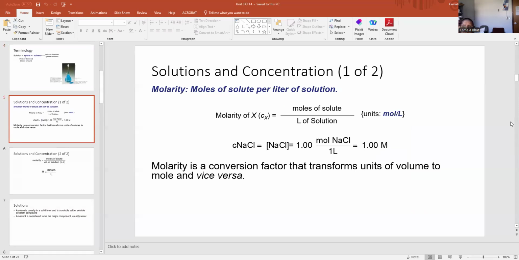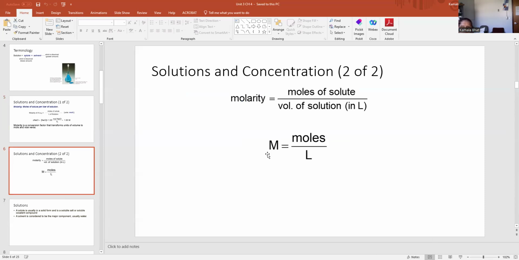So now here, molarity is moles of solute per liter of solution. And therefore, when we say that 1 mole of NaCl divided by 1 liter will give you a 1 molar solution, and vice versa, you can convert it. So this is the standard unit of conversion that you have.